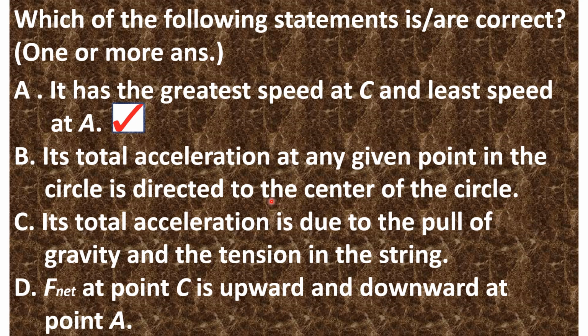The tangential acceleration, when added vectorially to the centripetal acceleration, simply using the Pythagorean theorem, and then getting the angle that the total acceleration forms with the horizontal, you will find out that the direction of this total acceleration is not always directed to the center of the circle, because it depends on the angle theta that is formed by this acceleration with the horizontal line.